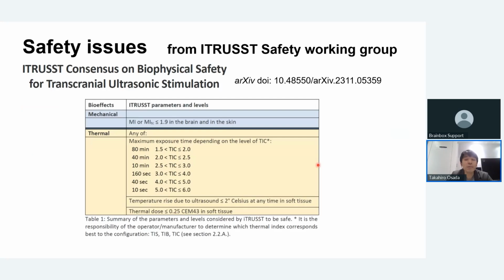The safety recommendation addressed two key aspects. For mechanical effects, the mechanical index, MI, should be lower than 1.9. For thermal effects, the limits are set for the thermal index for cranial, TIC, or the temperature rise should remain below 2 degrees.